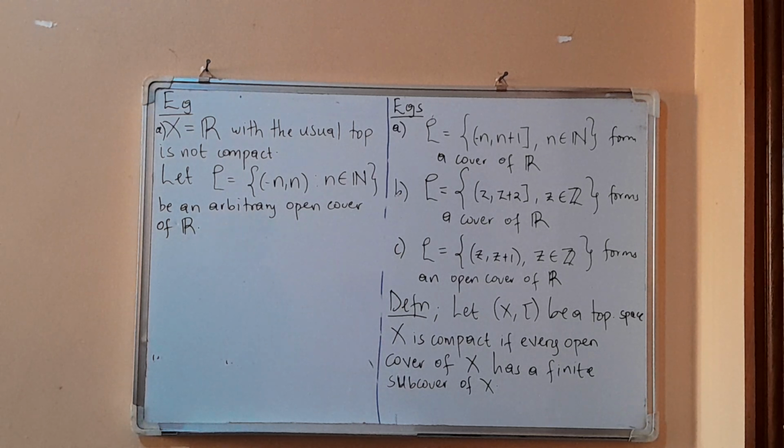What if we assume by contradiction that there exists a finite subcover?